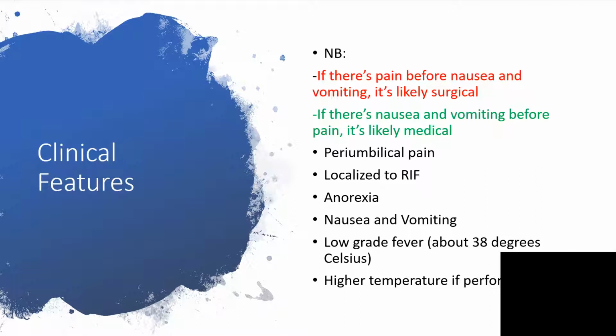The pain of appendicitis will mostly begin at the periumbilical region, non-specific to that region, and later will localize to the right iliac fossa. There's likely going to be anorexia, and then nausea and vomiting.